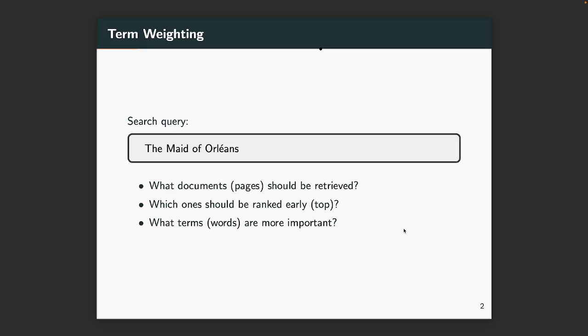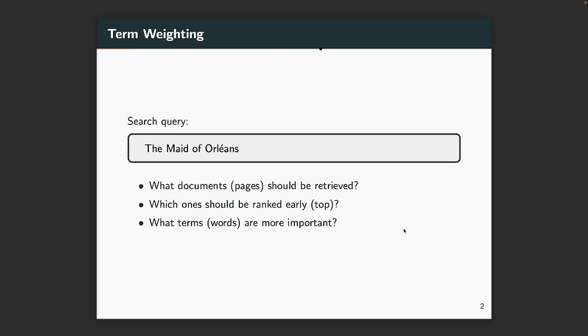So imagine this query, expression of the Maid of Orleans. So, perhaps you know what this is about, but there are four keywords here, right? The Maid of Orleans, four terms. And so the question for information retrieval, for search engines such as Google or Bing, is to take these keywords and try to find documents that match these keywords.